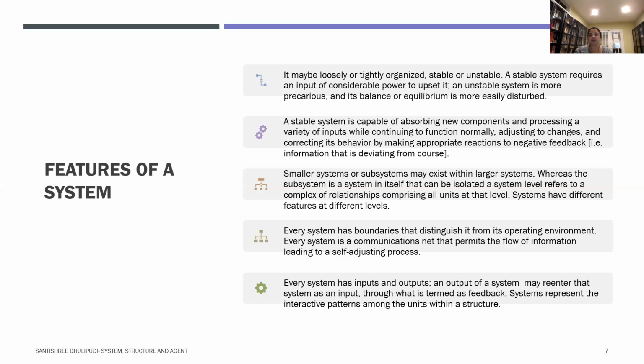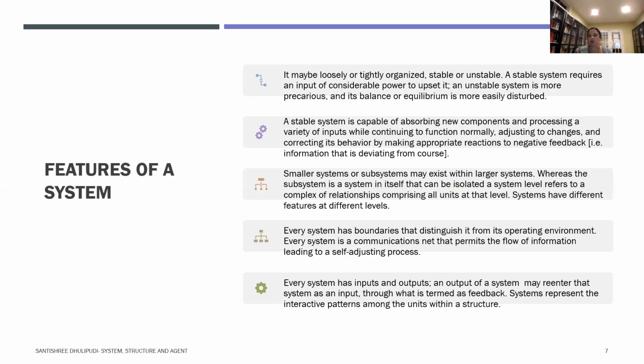Smaller systems or subsystems may exist within larger systems, where the subsystem is a system in itself that can be isolated. A system level refers to complex relationships comprising all units at that level. Systems have different features at different levels.